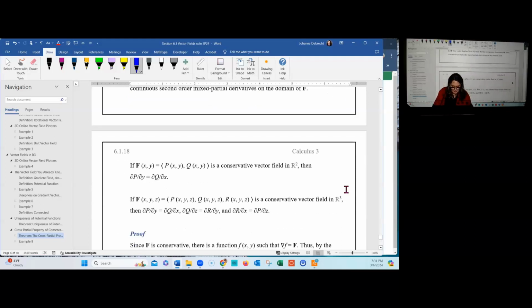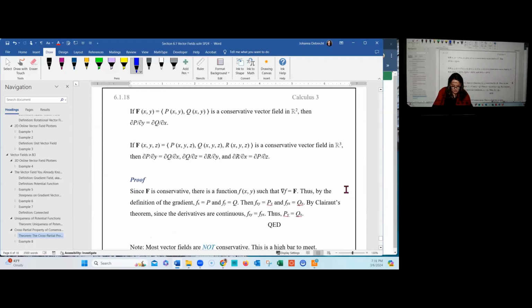Then it states, if the vector field F of x and y is equal to P as a function of x and y and Q as a function of x and y, then we know that the partial of P with respect to y has to equal the partial of Q with respect to x.